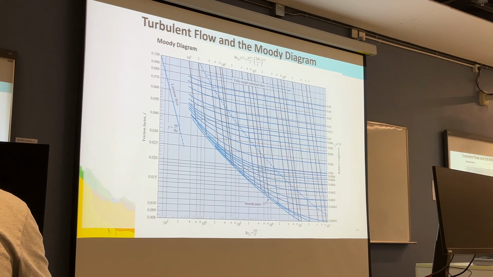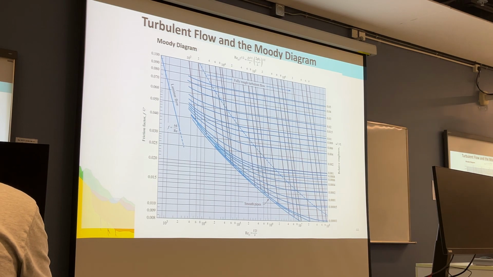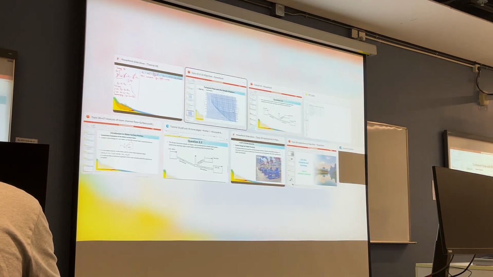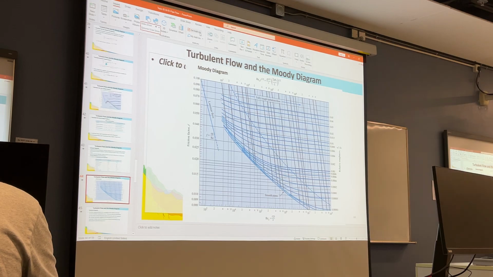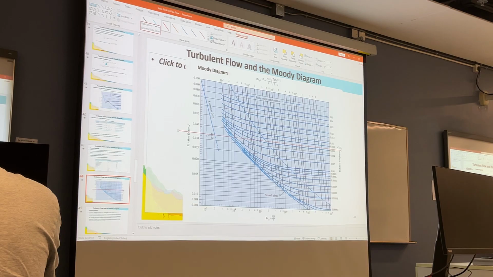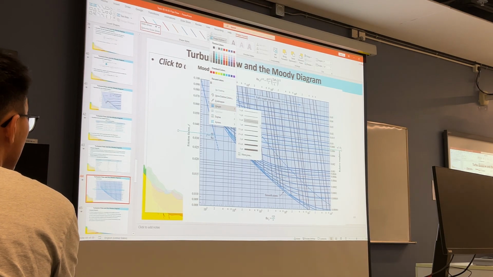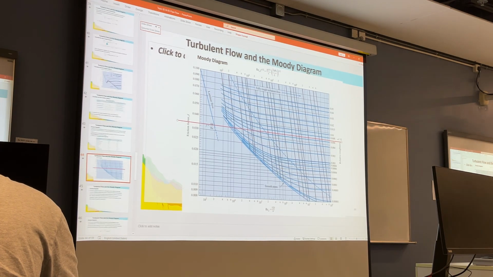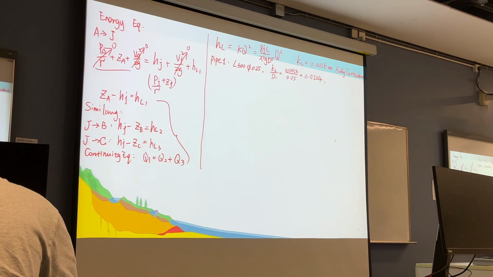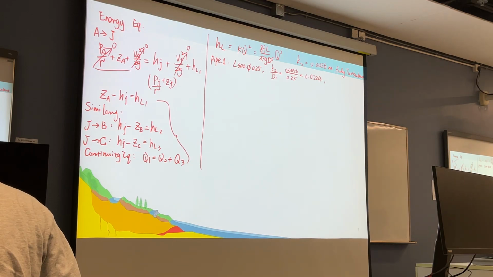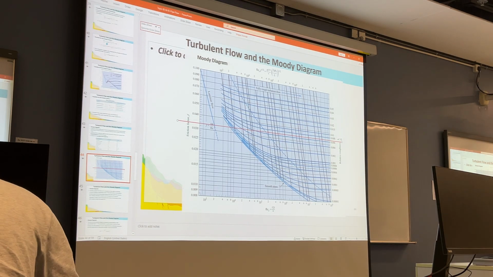We just need to look for the relative roughness to determine the frictional factor. For example, for pipe 1, the Ks over D is 0.0224.